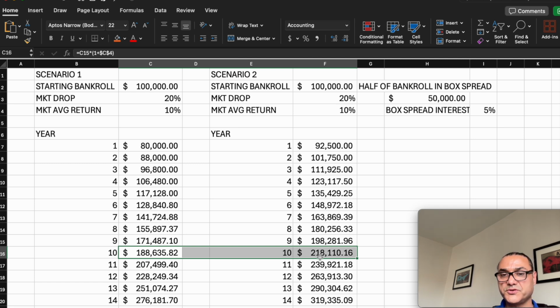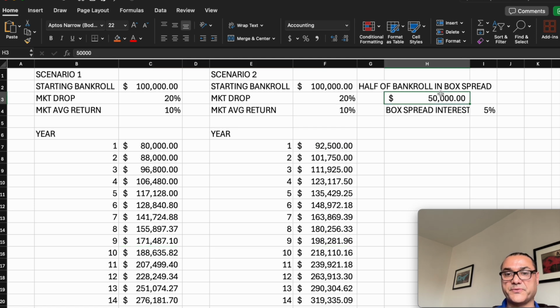So almost 30,000 more dollars in 10 years simply by divvying up the initial allocation to a box spread, or let's just assume some equivalent that will earn you close to 5% on half of the portfolio, half being 50,000.